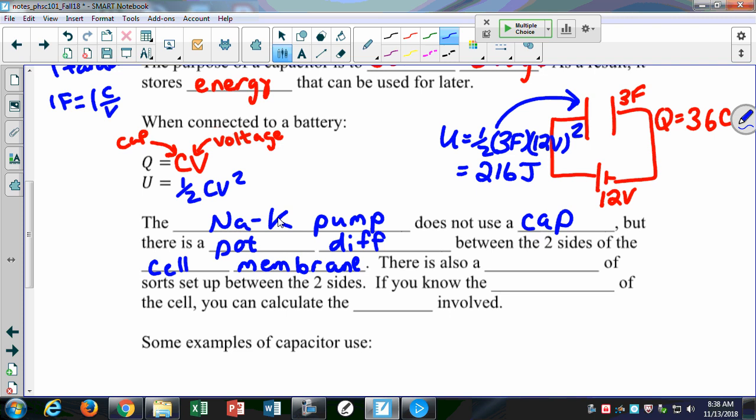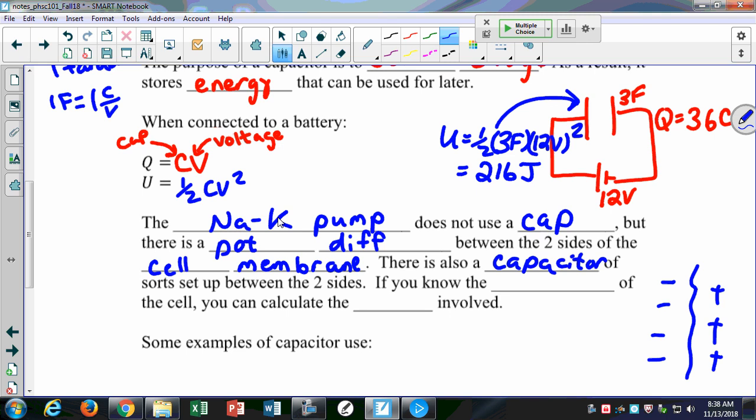There's also a capacitor of sorts set up between the two sides. It's not really a capacitor, but if I have a cell membrane and I have positive charges over here and negative charges over here, we can talk about it like it's a capacitor because I have this separation of charges, just like I do in a capacitor.